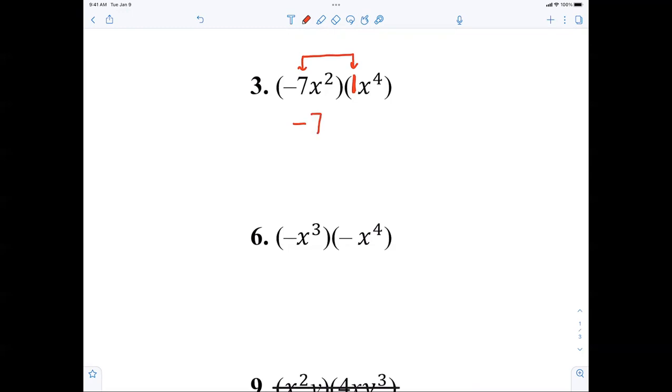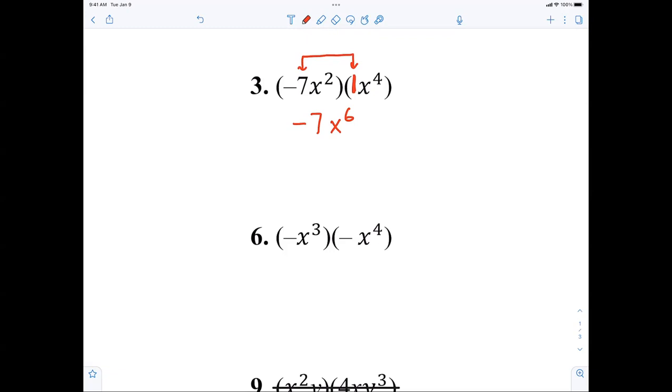Are 7 and 1 exponents? They're not exponents, they're numbers. So you multiply numbers, and then what do you do to exponents? So what's the answer? Negative 7x to the 6th. That's it. There's nothing to this whatsoever. Multiply numbers, add exponents.